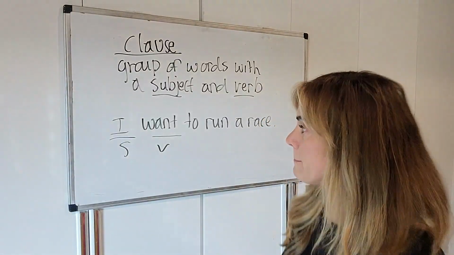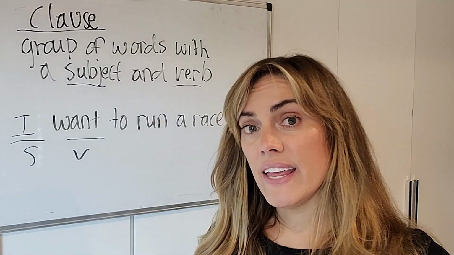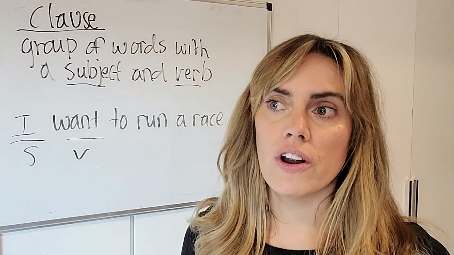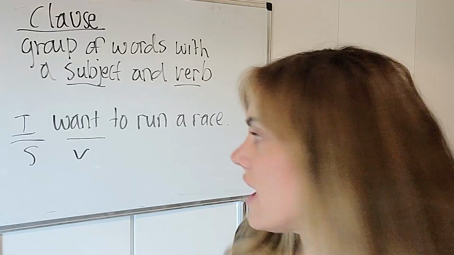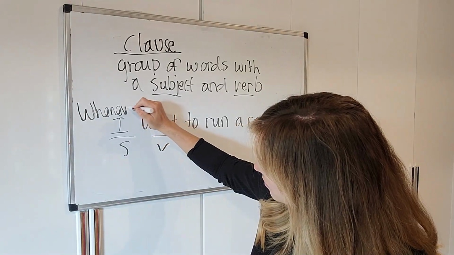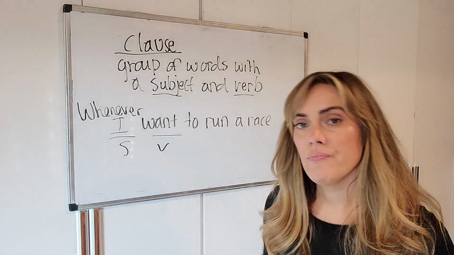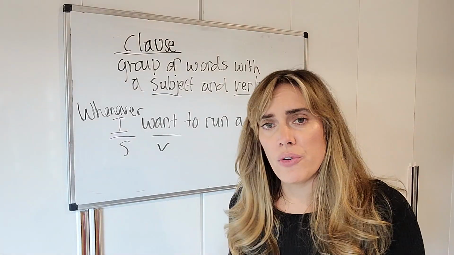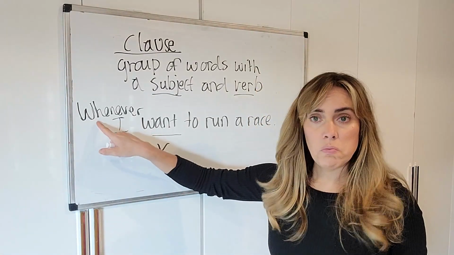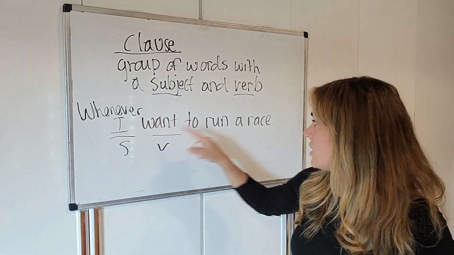clause, okay? But you can make it dependent or not complete by adding words like whenever or other time words like while, when, before, after. Okay, so whenever I want to run a race.